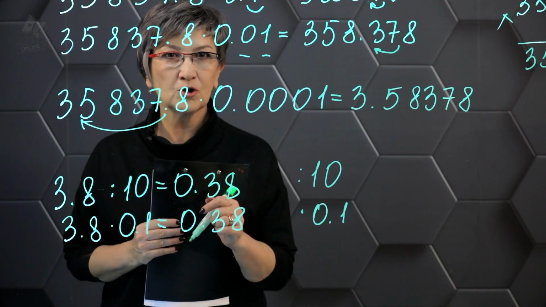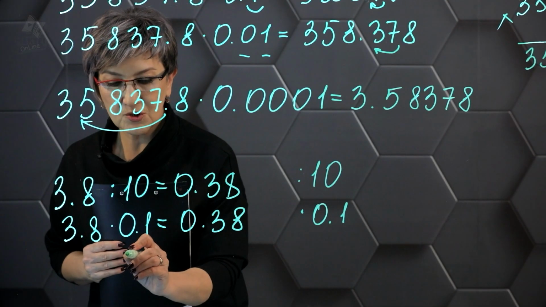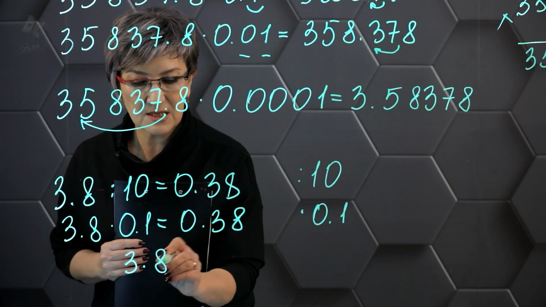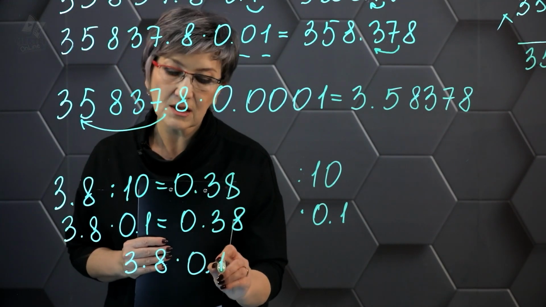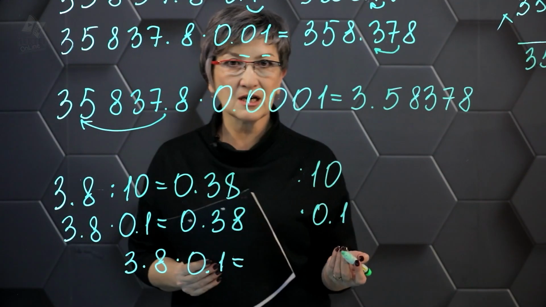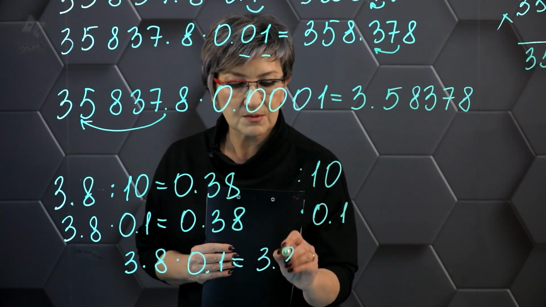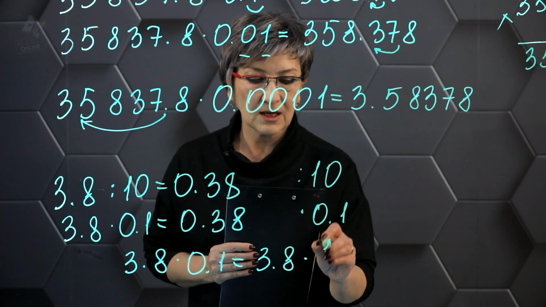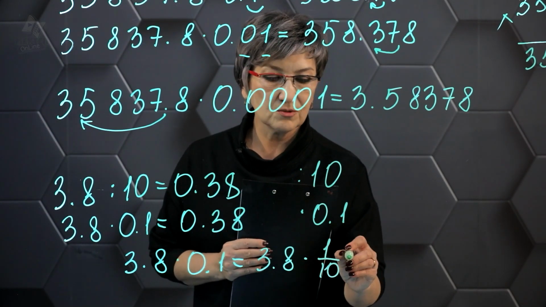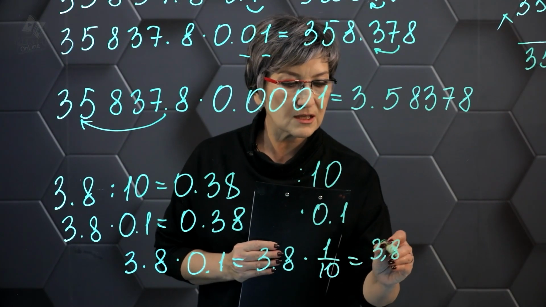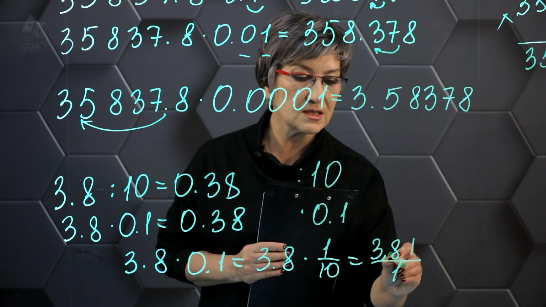This is because I multiplied the decimal value 3.8 tenths by the decimal value 0.1 tenth. And when I convert 0.1 tenth to a regular fraction, it becomes 1 tenth. I am essentially multiplying by 1 tenth. In our scenario, I multiply 3.8 tenths by 1 and divide the result by 10.